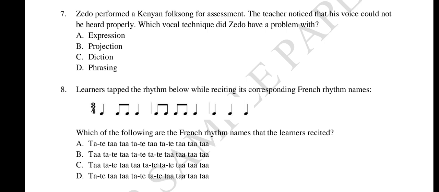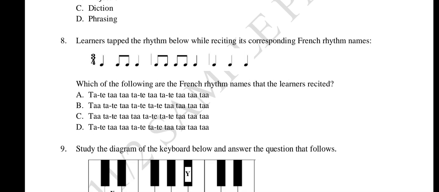Learners tap the rhythm below while reciting the corresponding French rhythm names. That's a 3/4 rhythm. Which of the following is the French rhythm names of the rhythm recited by the learners? The first one is a crotchet, which is ta. Then 2 quavers, tate, and another ta. Then the second part, tate, tate, ta.